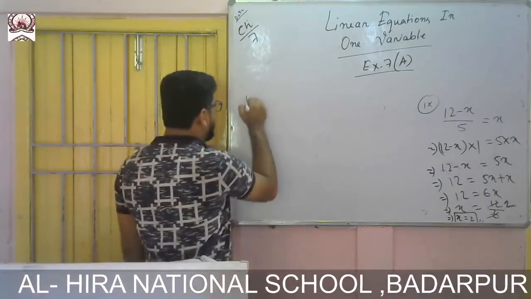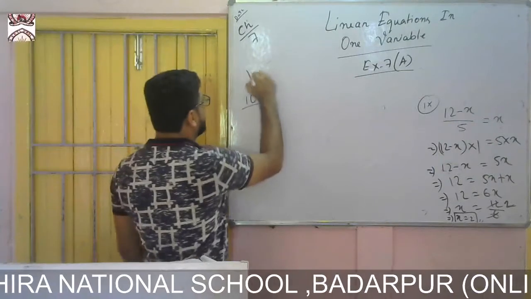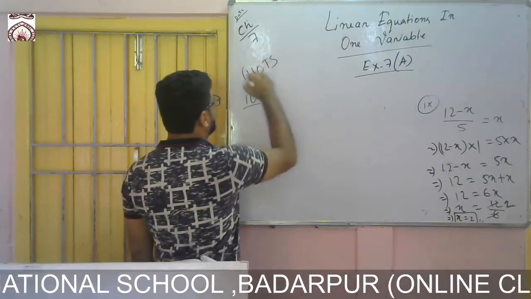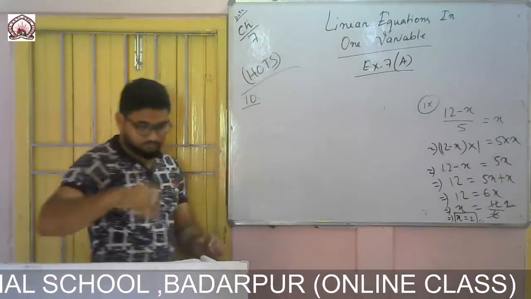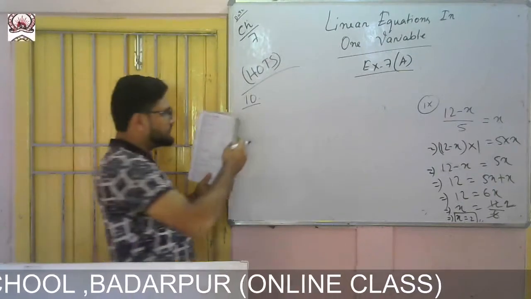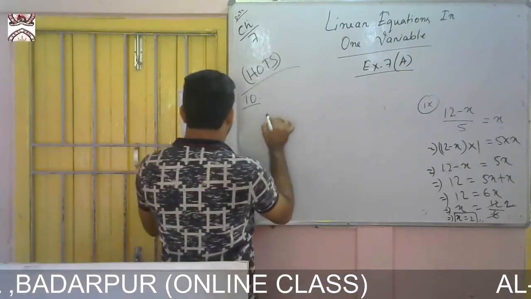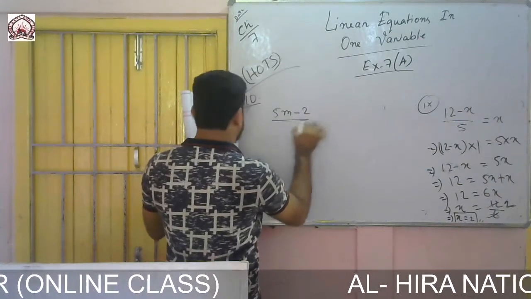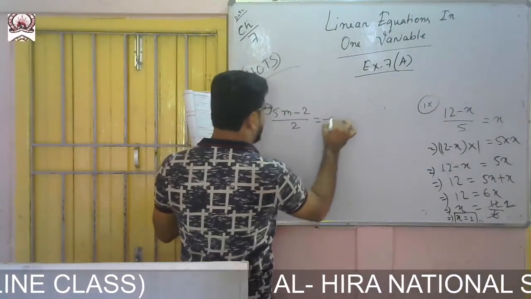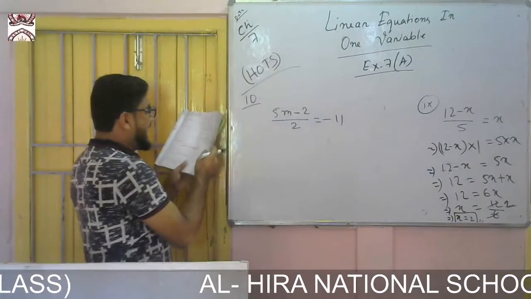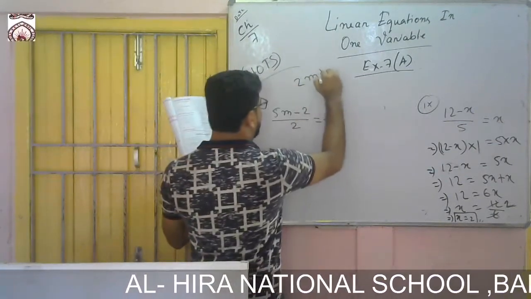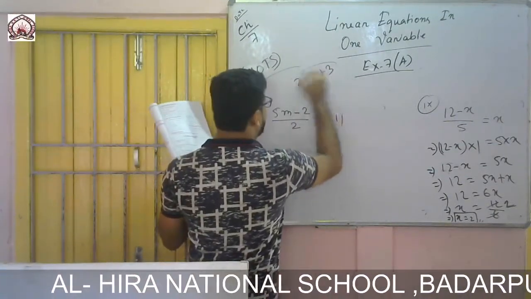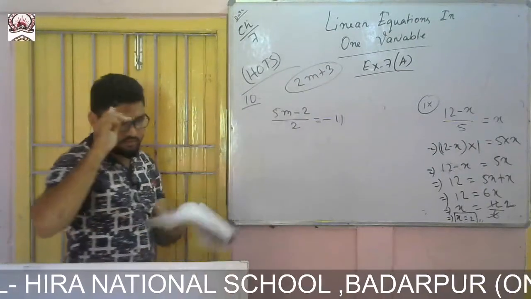So you see how to find. 5m minus 2 by 2 equals minus 11. From this I need to find the value of 2m plus 3.